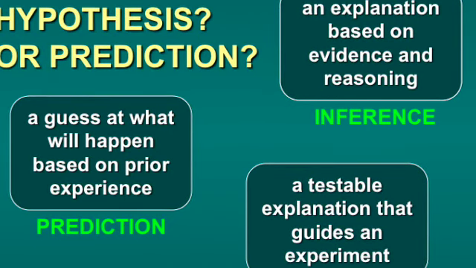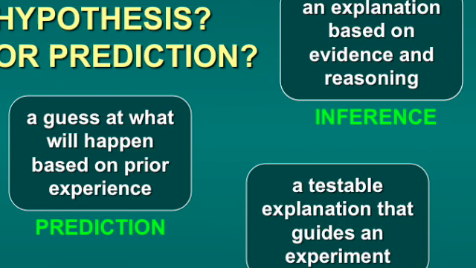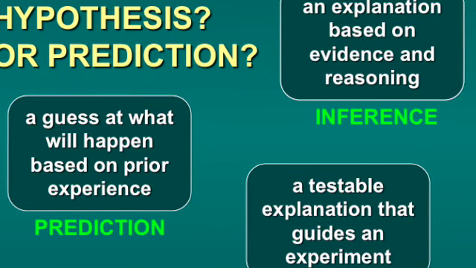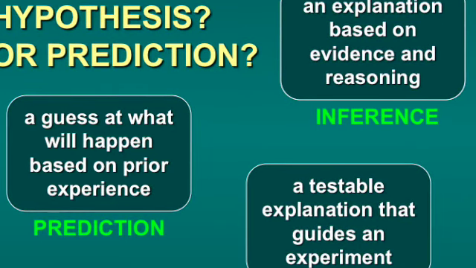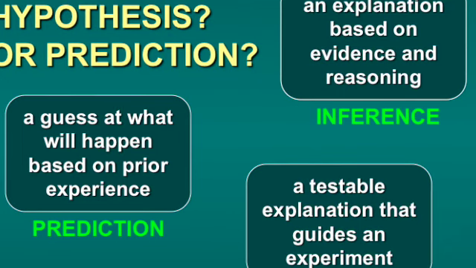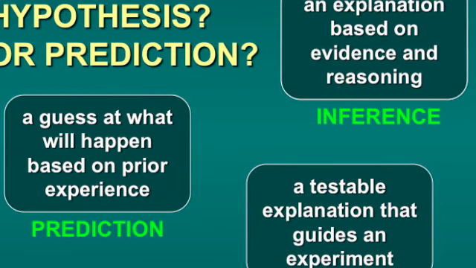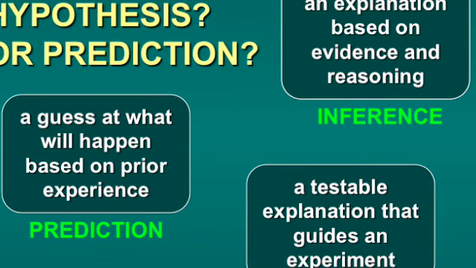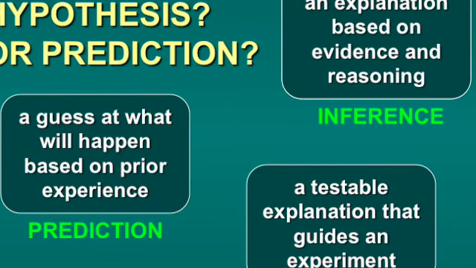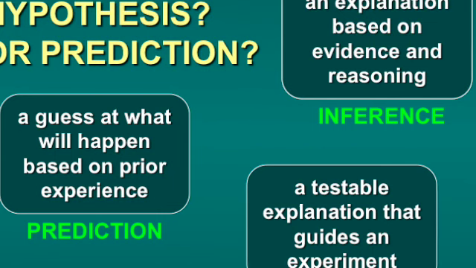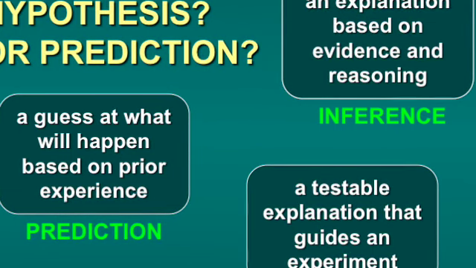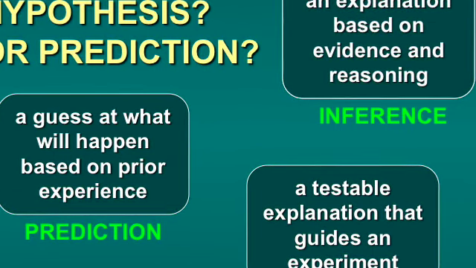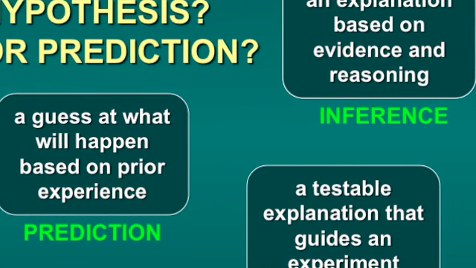This is a guess of what will happen based on your prior experience. Something like, I know if I throw this ball up in the air that it's going to come back down because I've seen things fall out of the sky, like rain. So, based on a prior experience. An inference is an explanation based on evidence and reasoning.